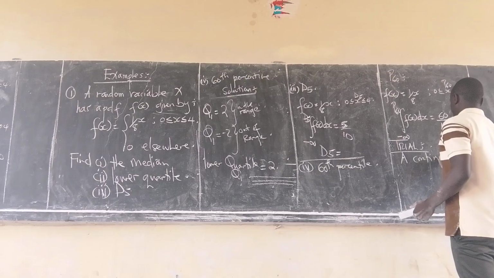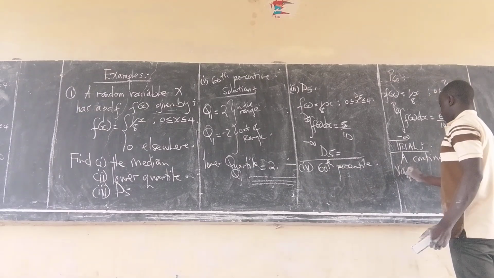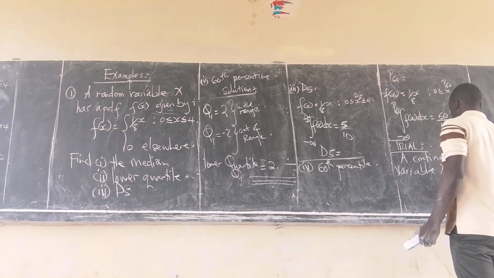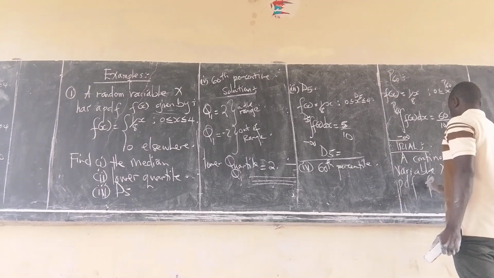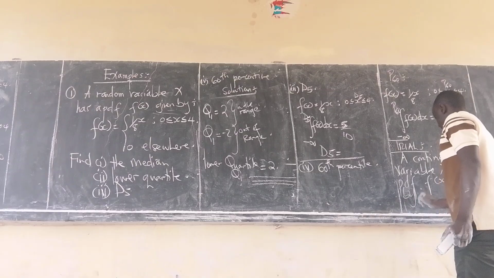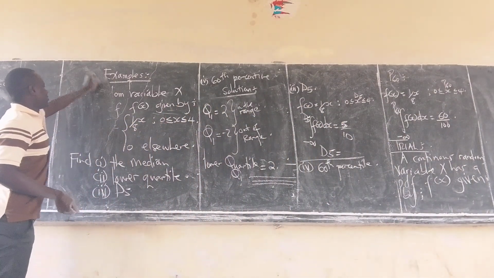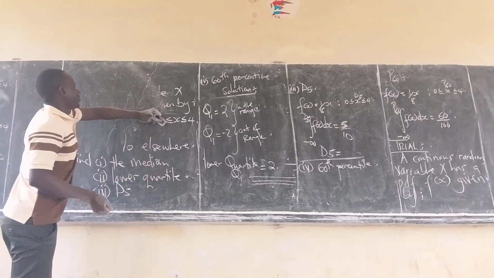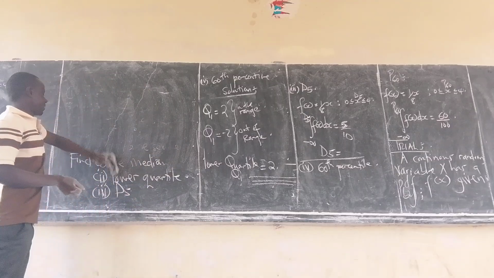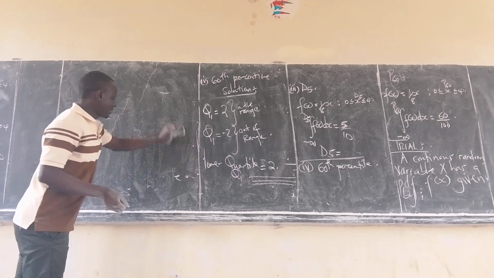If the question was saying that a continuous random variable x has a PDF small f of x given by, for example, because you people are fast learners, we can have it as a trial question and share the solutions and check whether they coordinate.